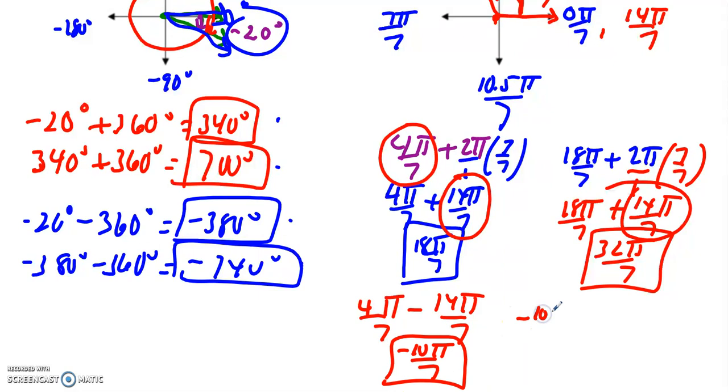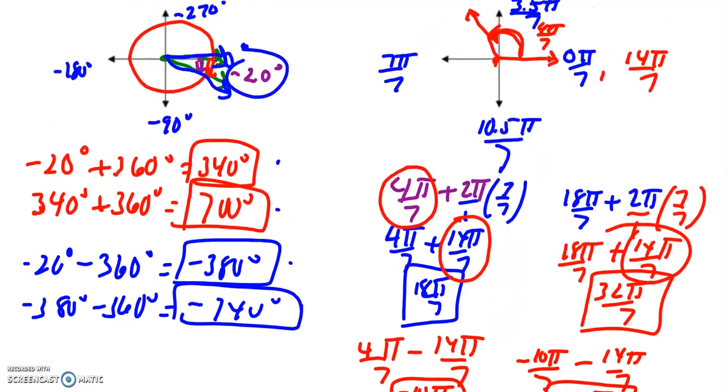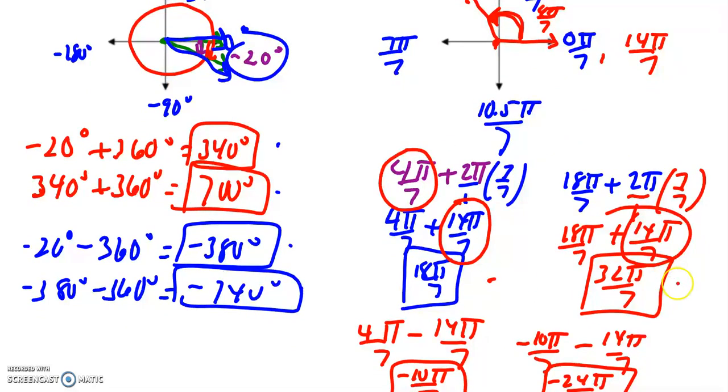Next I start with negative 10 pi over 7, subtract 2 pi, or 14 pi over 7. So I would get negative 24 pi over 7 for my second negative coterminal angle. So just like the degrees, if I graphed any of these 4, they would look exactly the same as the angle that I have on here.